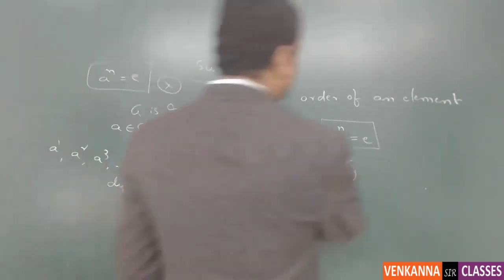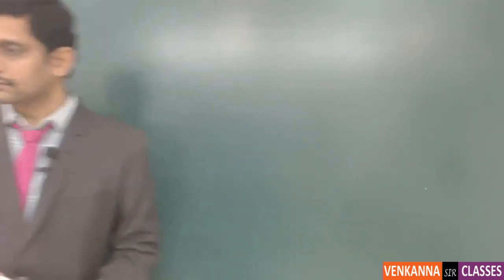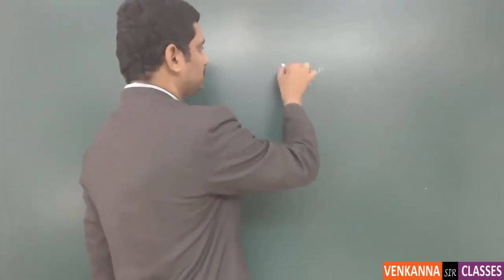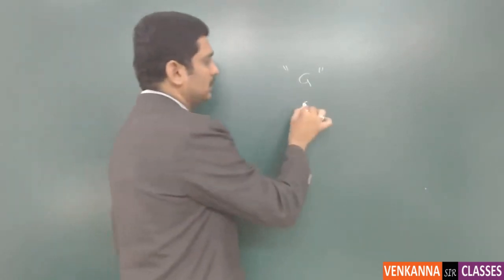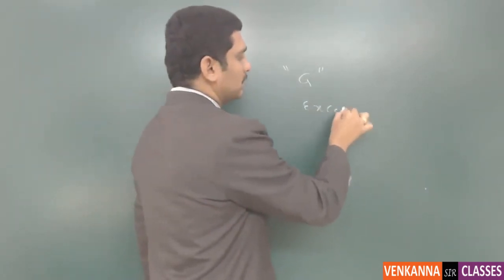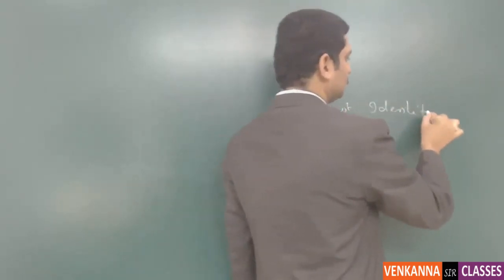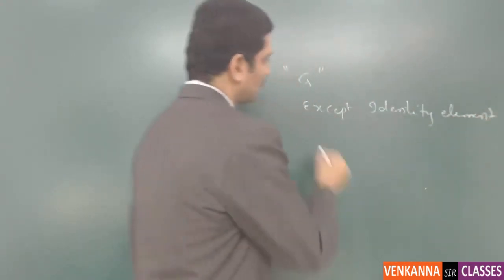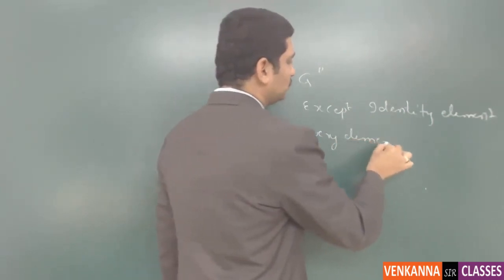Now let us take the case of order of an element again. Suppose you take a group G. It has a property that except identity element, every element has order 2.